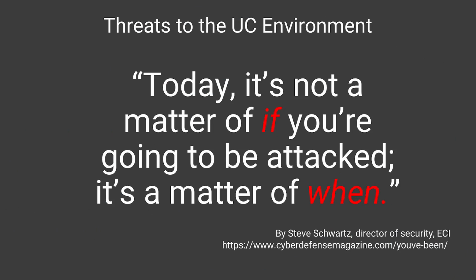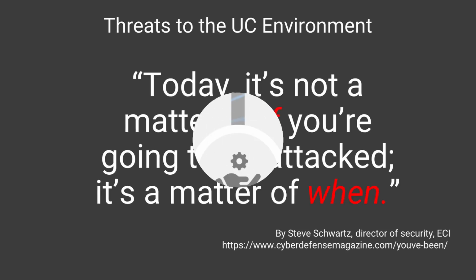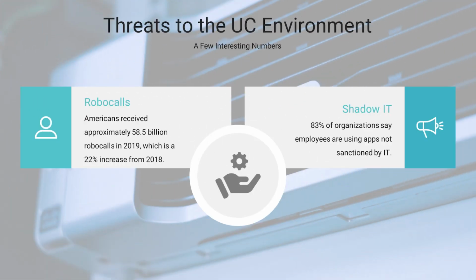it's a matter of when. Attacks against the UC environment are increasing all over the world, and we have organizations like FTC, FCC, and IETF attempting to provide some assistance. Let's look at a few numbers of threats against the UC environment. Robocalls.